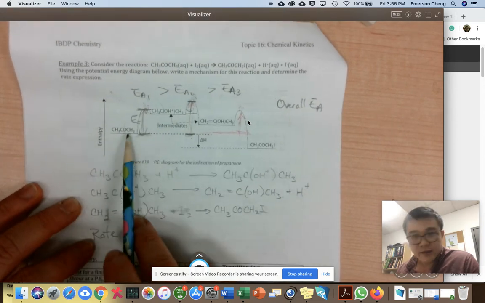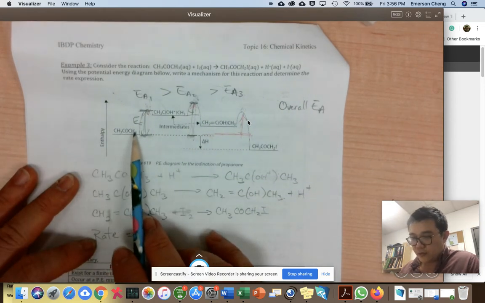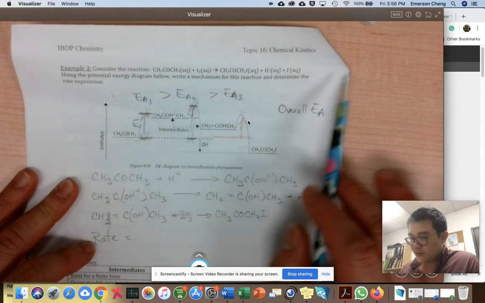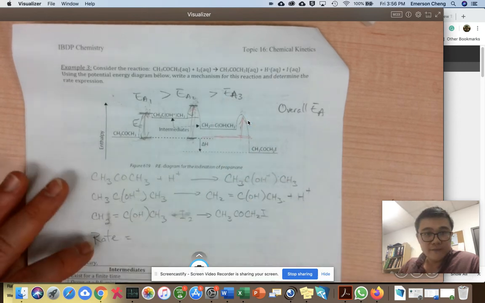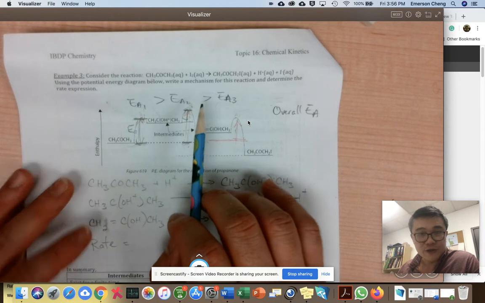Now, if you look at it carefully, CH3CO, CH3, and then all of a sudden there's a hydrogen. Keep in mind it didn't really show up here, but there is a hydrogen. Based on the acid, hydrogen is actually a catalyst.